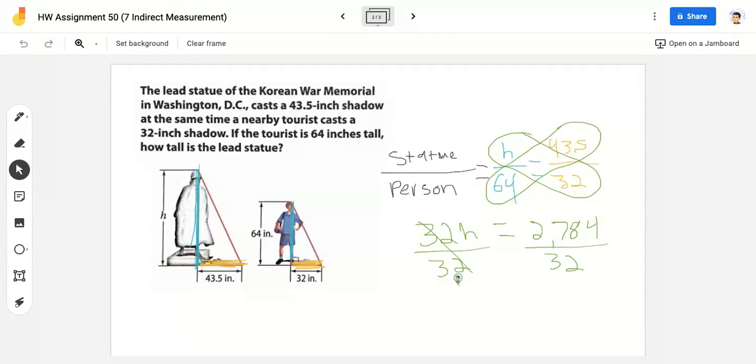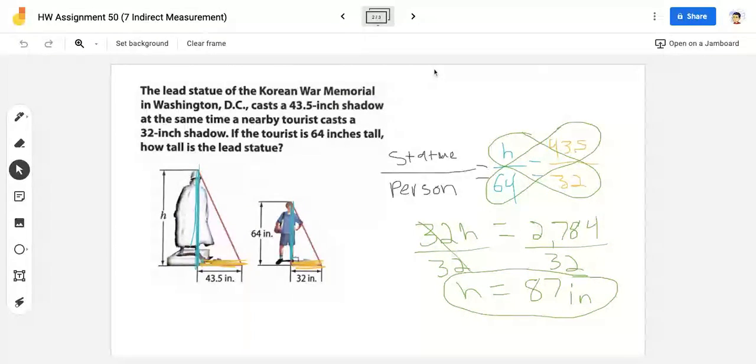We get that h is equal to 87 inches, which tells us that the height of the statue is 87 inches. 87 inches, I believe, is approximately 8 feet. Let me think. 120 would be 10 feet. 108 would be 9 feet. And I think 94 is 8 feet. So it's a little less than 8 feet.